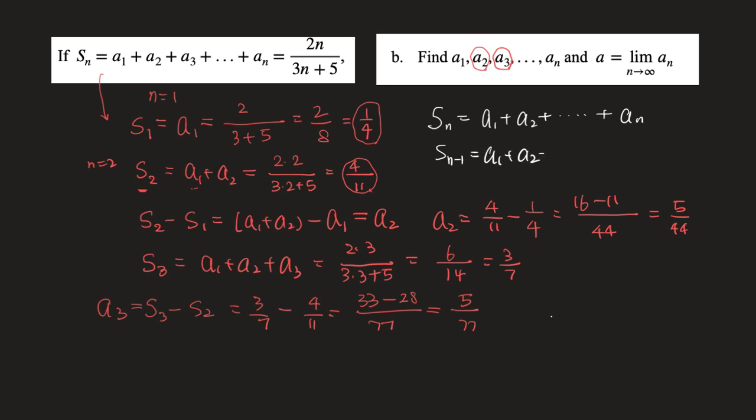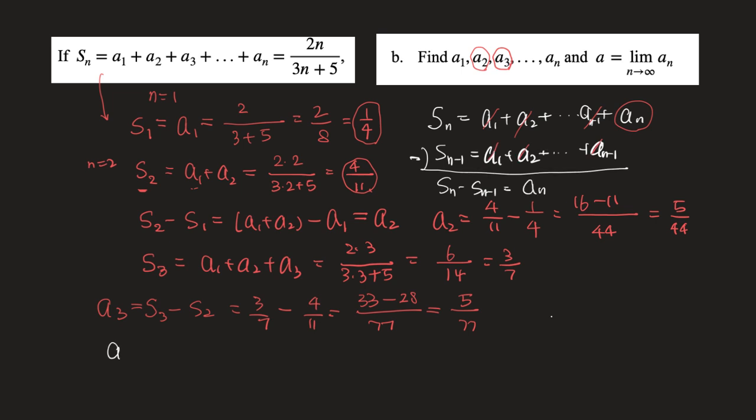It's a1 plus a2 all the way to an minus 1, the terms before an. You subtract: Sn minus Sn minus 1. Everything cancels out. What is left? an. That's how we find the an term.